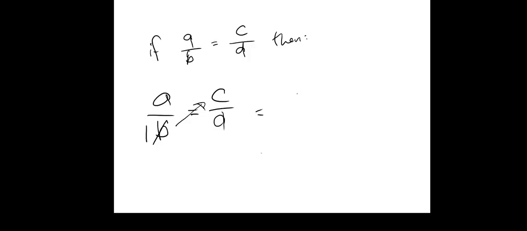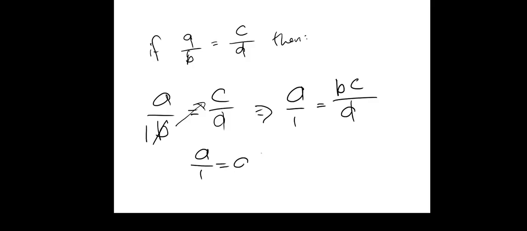And our answer, A over 1, which is just A, is going to be equal to BC over D. Remember, just because the B is cancelled out there doesn't mean nothing exists in its place. A 1 exists in its place. And remember, any number divided by 1 is just that number. So 4 divided by 1 is 4.